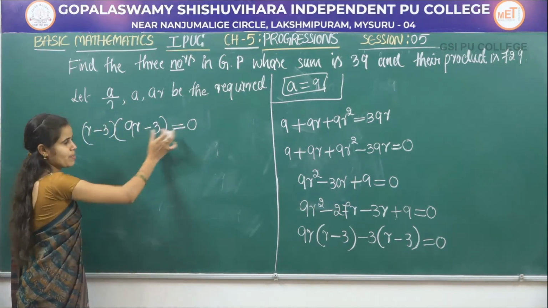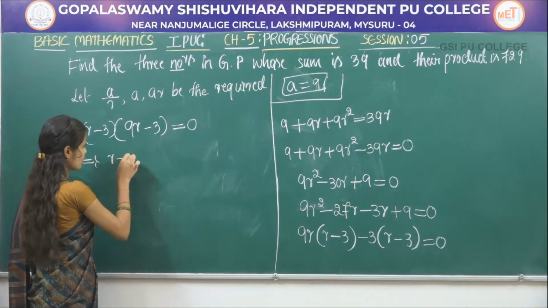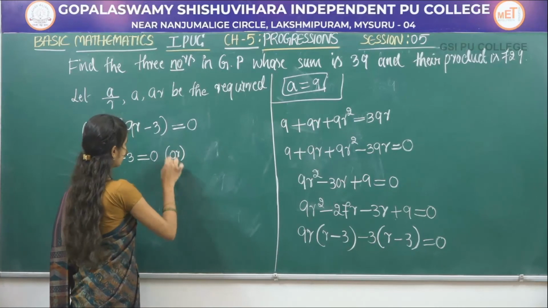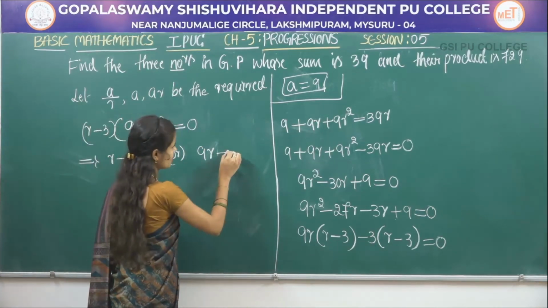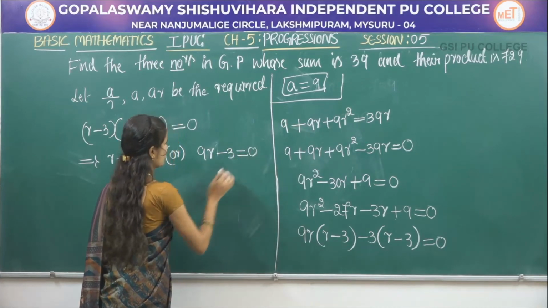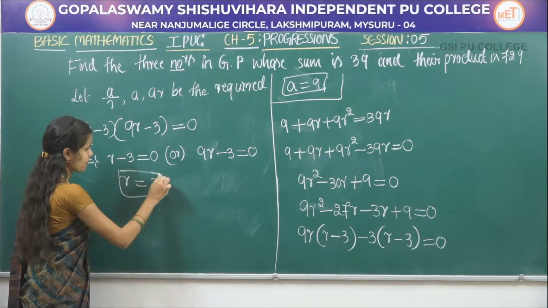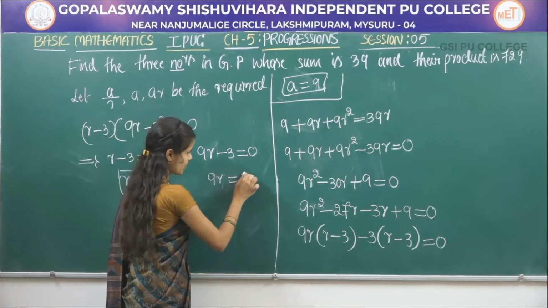The product of two terms is equal to 0, which means either one of the terms is equal to 0. Either r minus 3 is equal to 0 or 9r minus 3 is equal to 0. Simplify: r is equal to 3 or 9r is equal to 3.